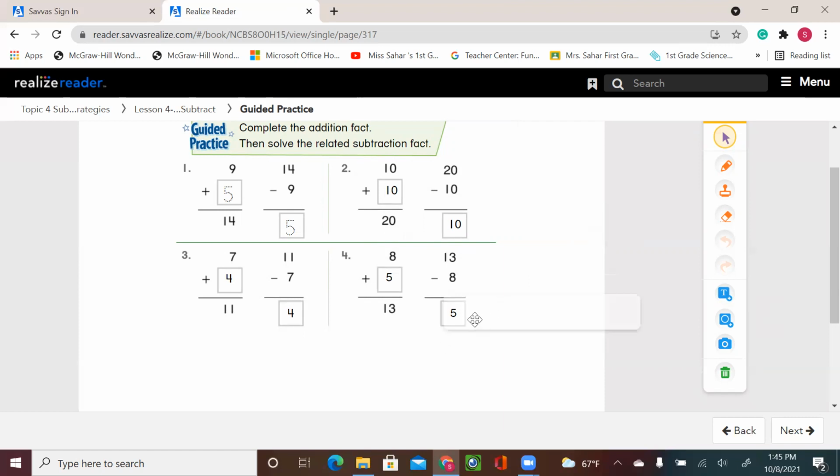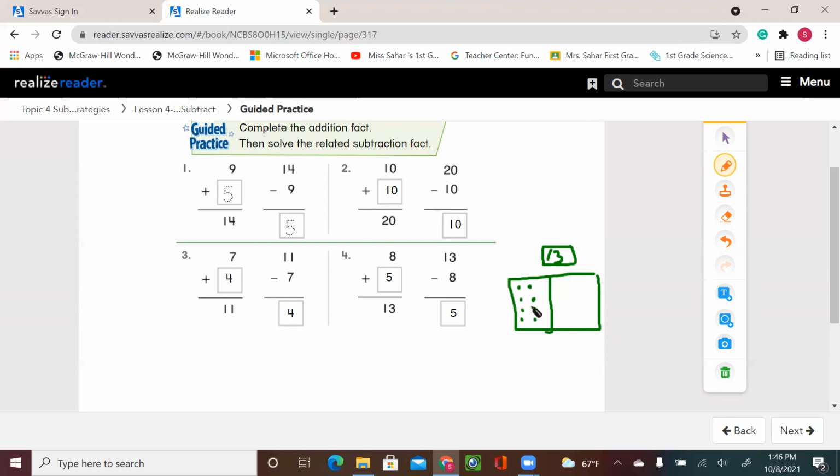So you can always use the bar graph. We can draw something with counters to help you. So I can draw like that. And I know that my whole number is 13. And I know that one part is 8. So 1, 2, 3, 4, 5, 6, 7, 8.